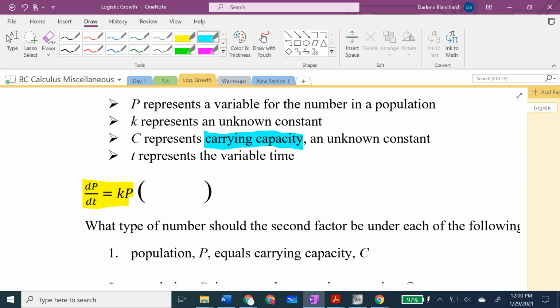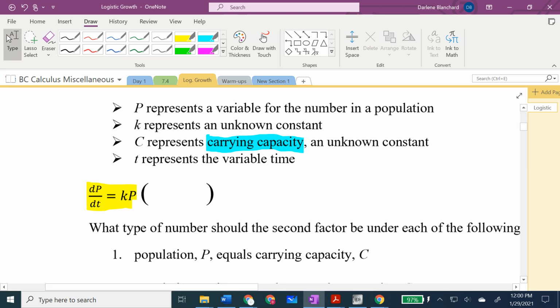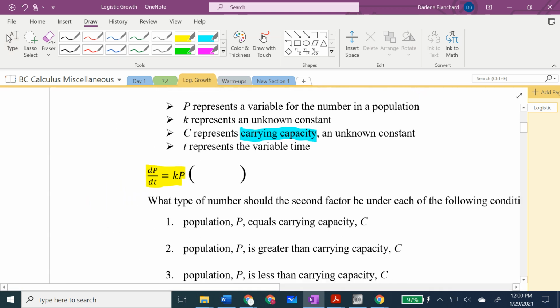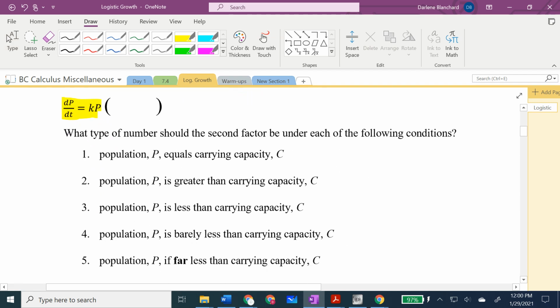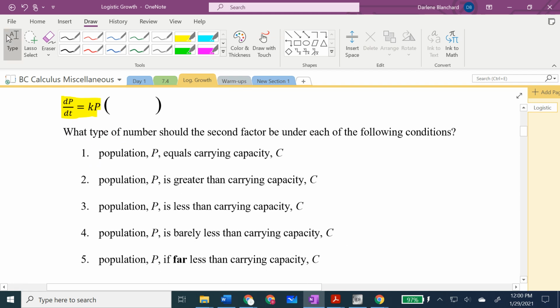We need a second factor. And that's what that parentheses is for, to come up with a second factor. And I want you to see if you can figure out what it is, but we are limited in time. So here's what we need to happen. Now think realistically. If your population is actually equal to carrying capacity, tell me about your growth rate.